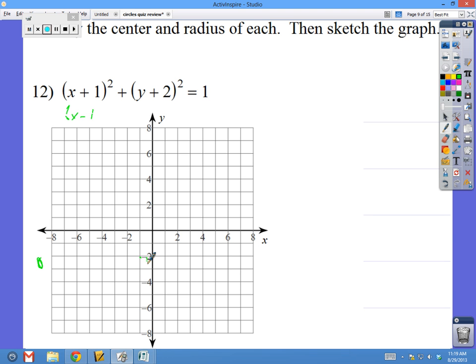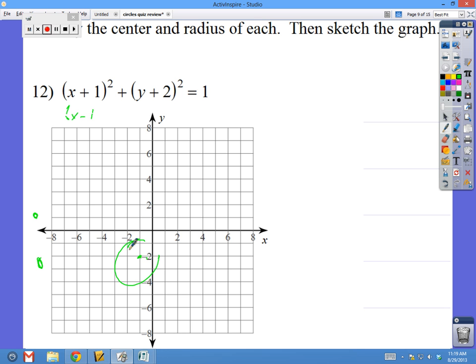And then you probably won't know how big your circle is, but that's your midpoint. How can you find out how big your circle is?